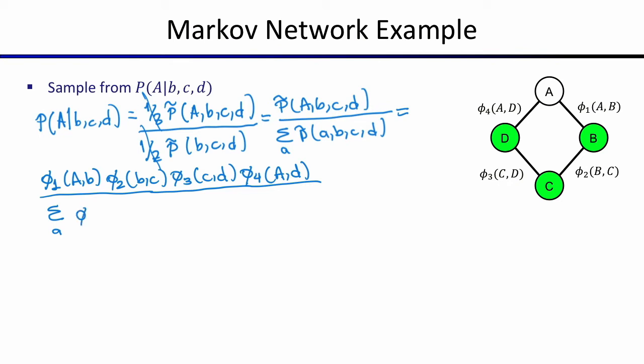So it's going to be the phi1 AB, the phi2 BC, the phi3 CD, and the phi4 AD.